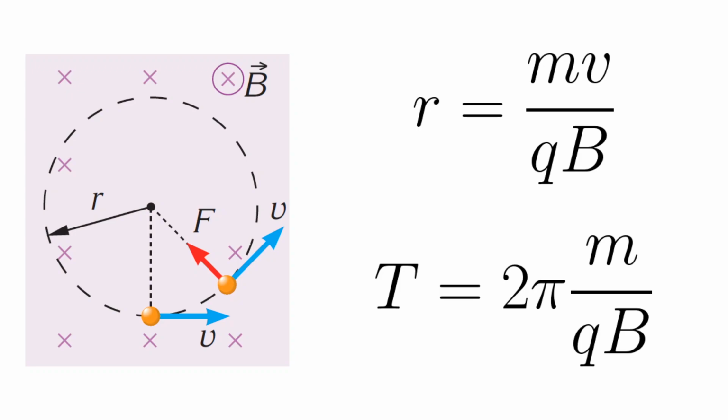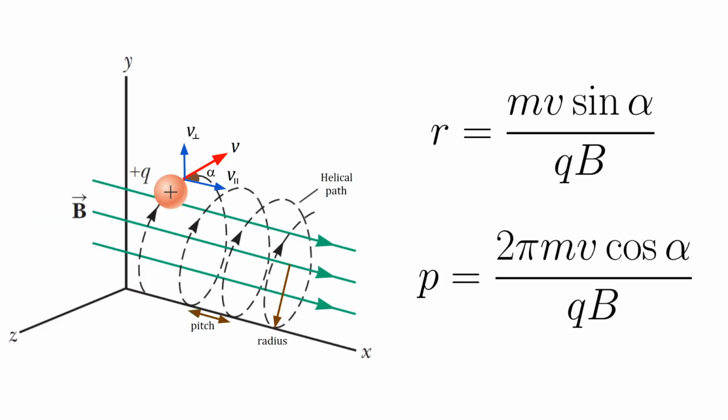Here we have the equation for the radius of the circle and the period of the motion. And when the velocity is at an angle with the magnetic field lines, the charge will perform a helical motion. And this is the equation to find the radius of this helix and the pitch of the helix.